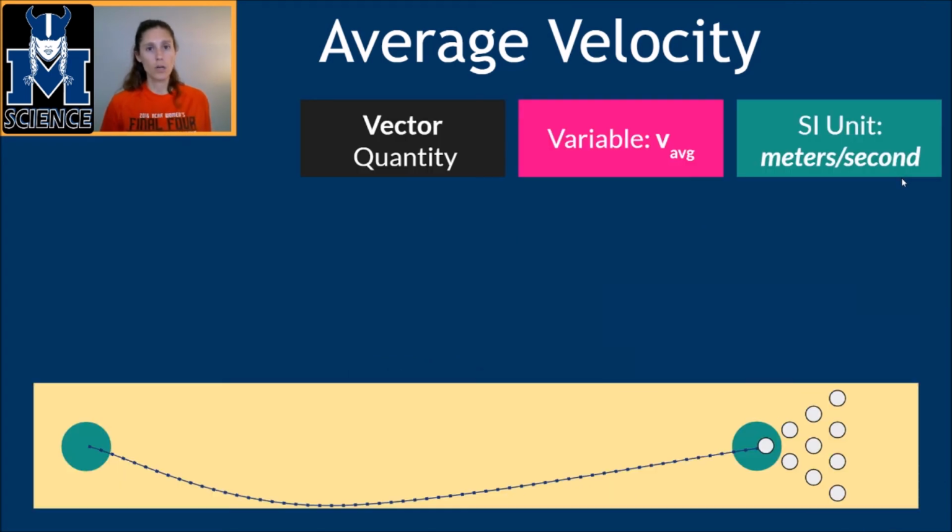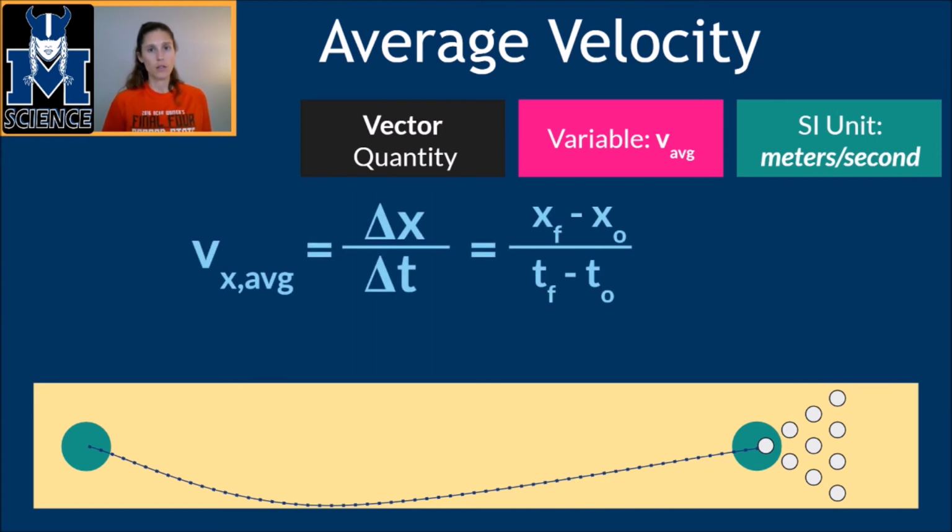Taking a look at average velocity, let's calculate the average velocity of that bowling ball. We know our equation: delta x over delta t, or change in position over change in time. We calculate it by taking the final position minus the initial position, divided by the final time minus the initial time.